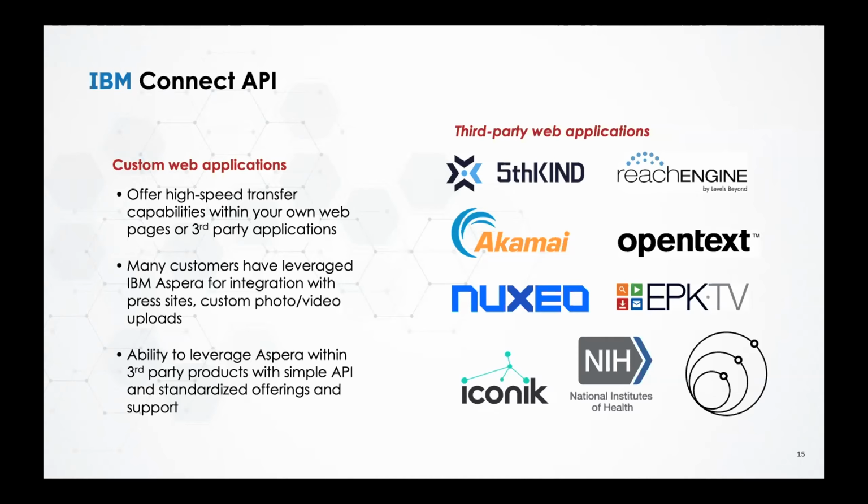And we are here for that with the Connect API. The Connect API is really suited for those kinds of use cases, building custom web applications or providing third-party services where transfer capability is really the added value.